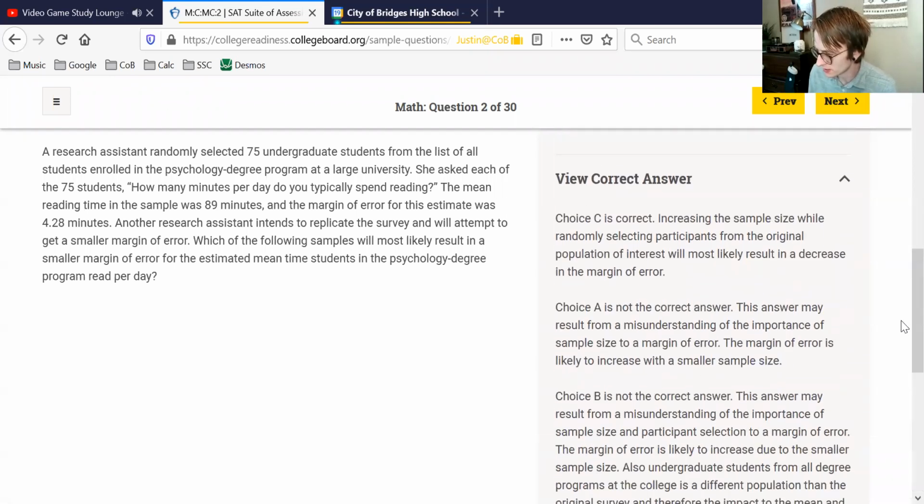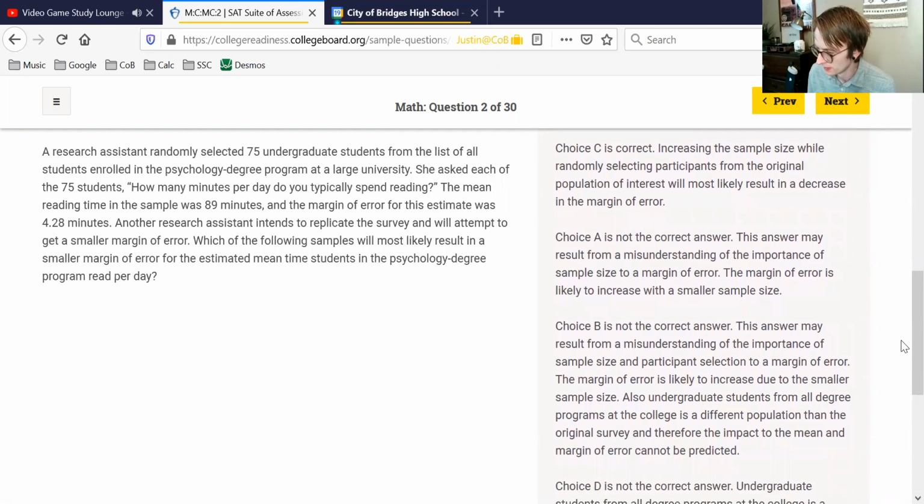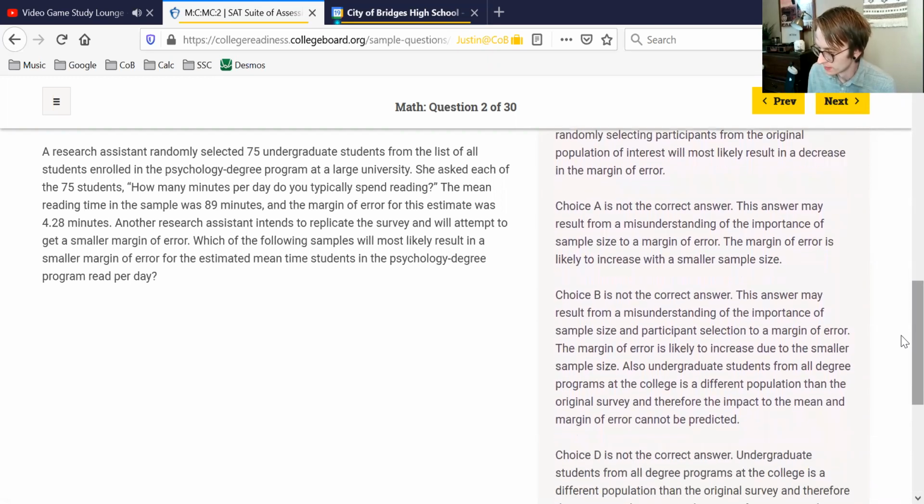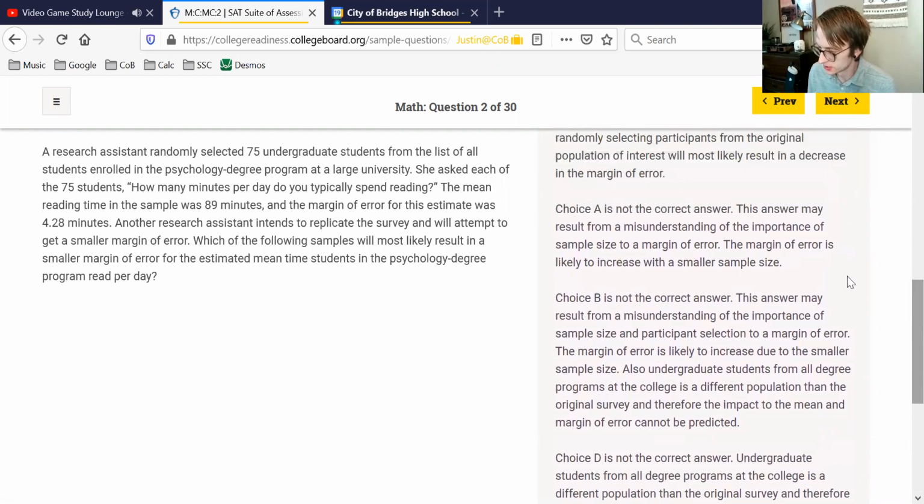Is there any other information down here? So margin of error is likely to increase with a smaller sample size. That's what we were talking about. We want more students to ask, not less.